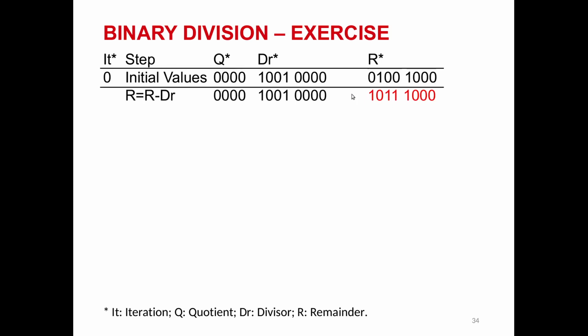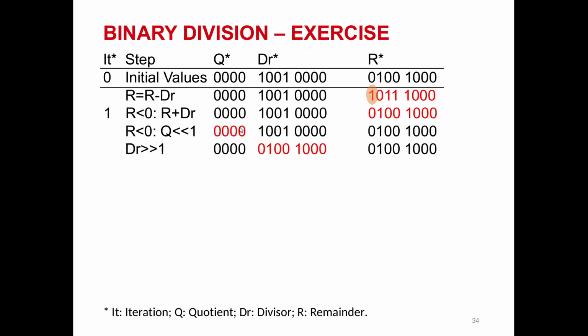We take R and subtract DR, the region shown here, and you can see the most significant bit of the result is 1, which means a negative value, and so we need to revert back to the previous value by adding DR, and then the least significant bit in Q will be 0, and then we shift DR 1 bit to the right, and we have this value.